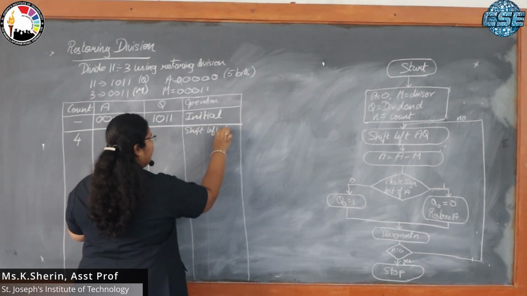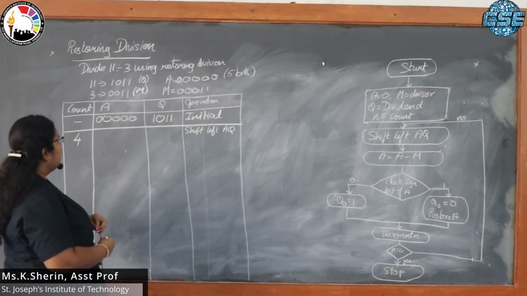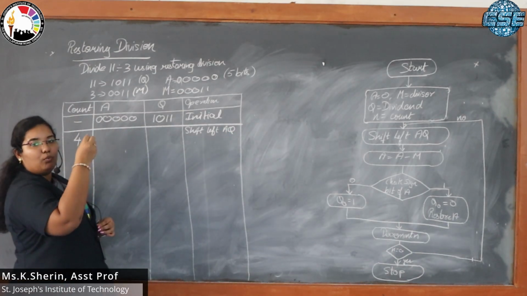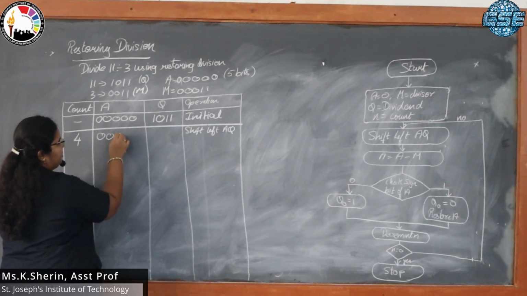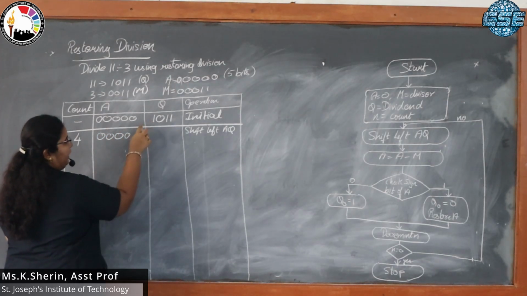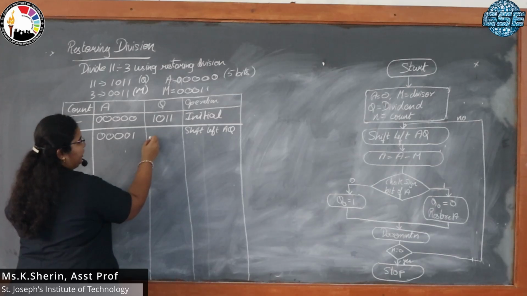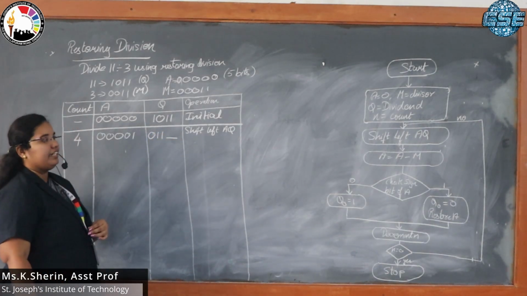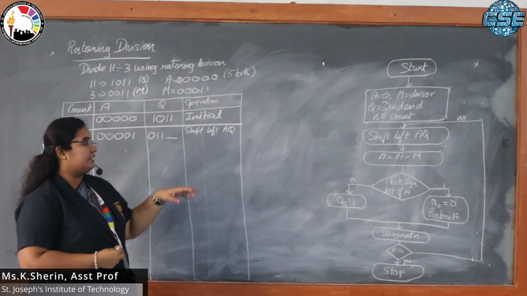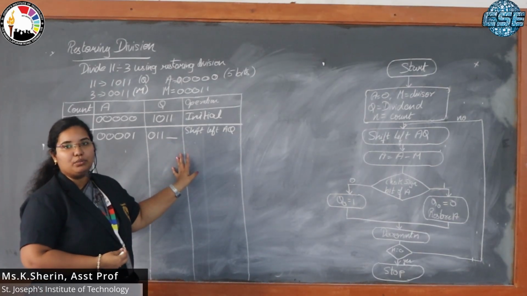Shift left of AQ means shifting one bit over to the left side. So over here I'm giving 0000, 0 again, and 1, then Q as 011. Instead of writing it as 0, I am just giving a dash as an empty value.